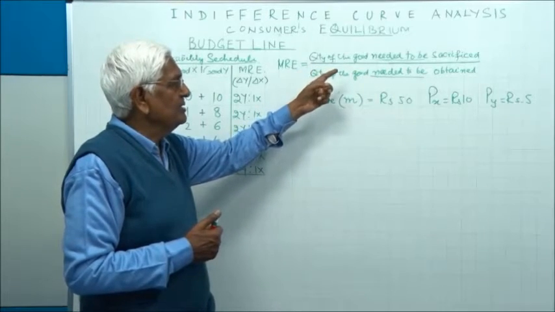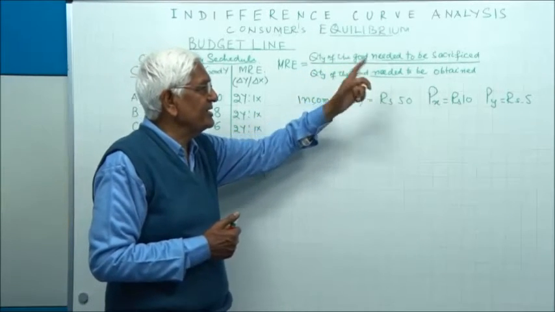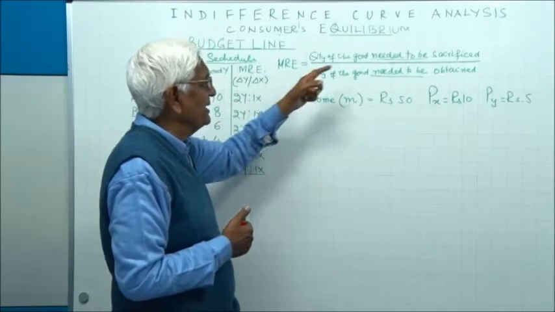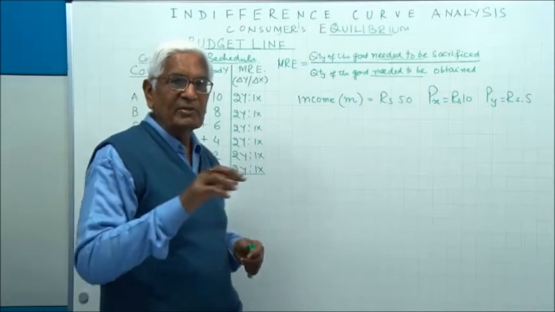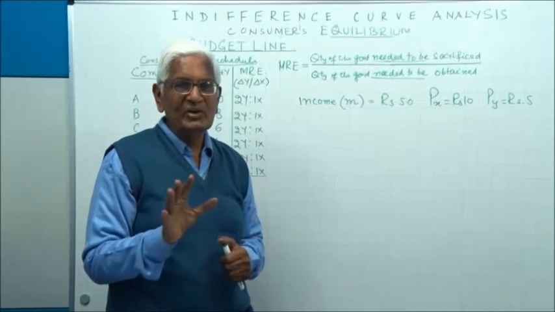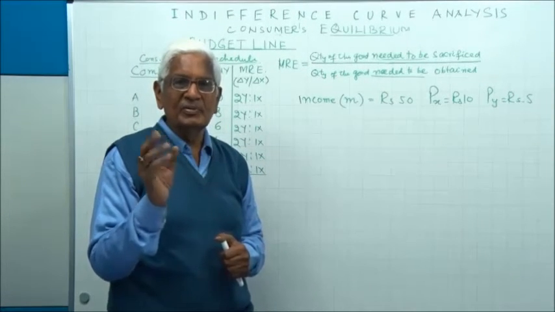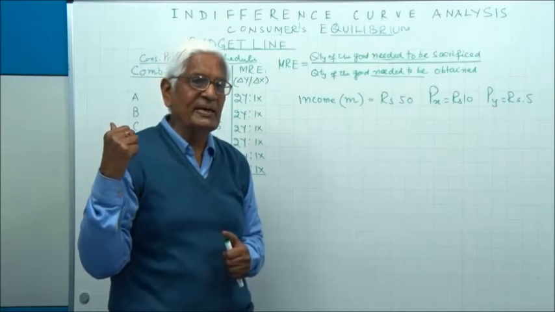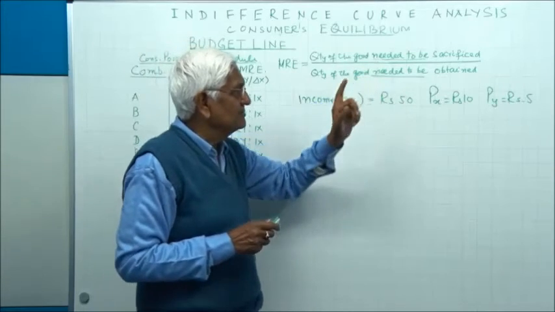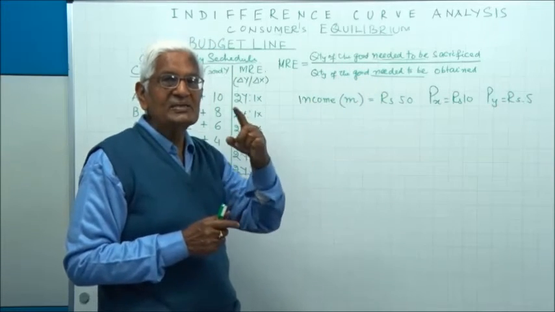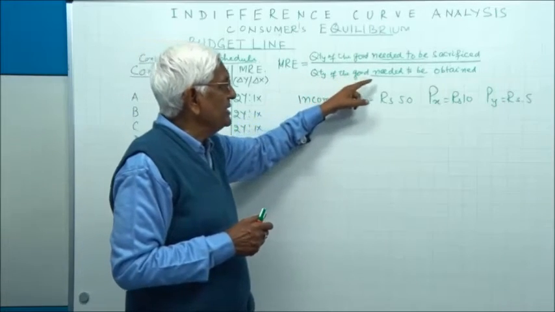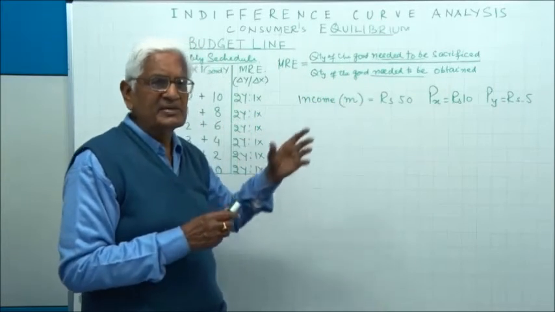Quantity of the good needed to be sacrificed. 2Y is needed. Remember, I have underlined the word needed so that you may not confuse it that consumer wants to pay it. Consumer doesn't want to. What consumer wants to pay is revealed by MRS.